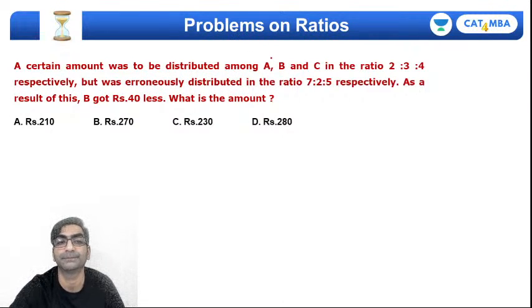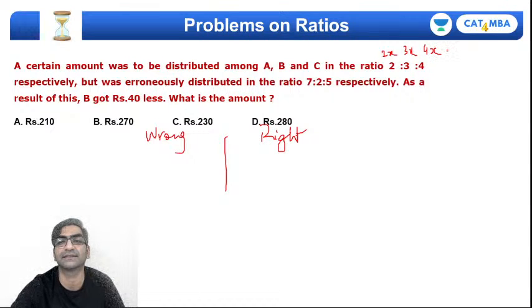Okay, so there's a wrong split, there's a right split, right? So let's say 2x, 3x, 4x, and this is 7y, 2y, 5y.